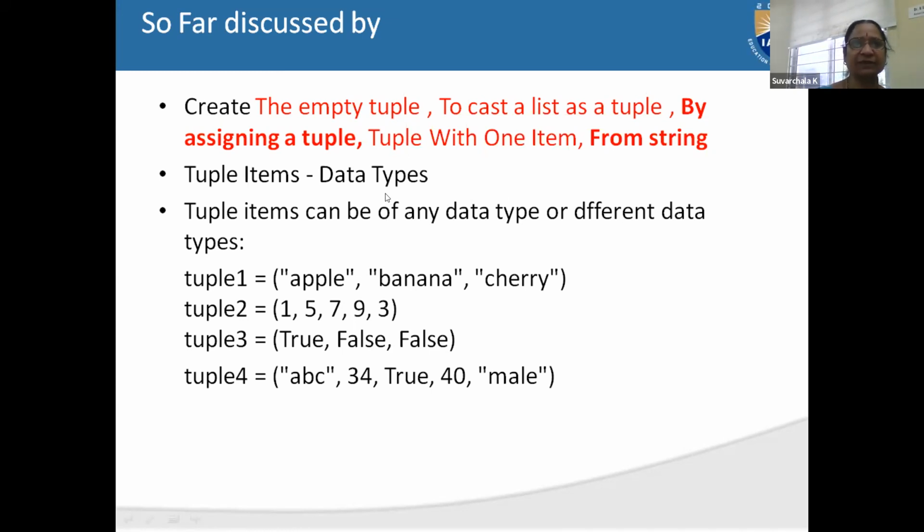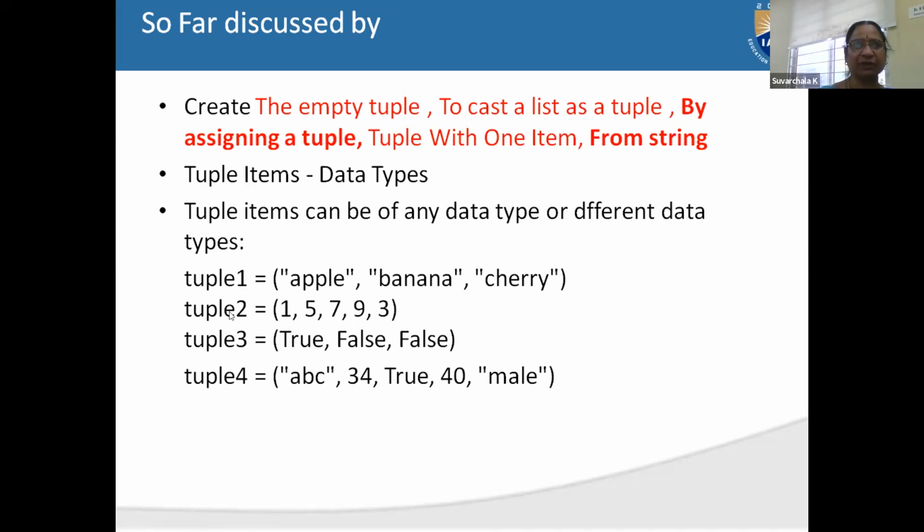Tuple items can be of any data type. Example: tuple 1, tuple 2, tuple 3, tuple 4. Let me know, any one of you, please answer in the chat box.